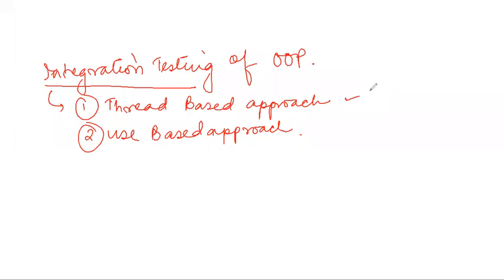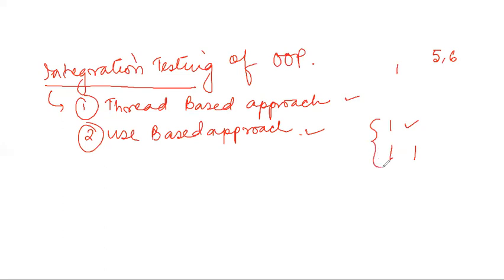And what is this use-based approach, the second approach? In this use-based approach, there are a few classes which do not require any other class. It's not always that a class will call some other class, right? So it begins by testing those classes that either do not need any service from any other class, or need very few classes. Suppose I have one class that needs the service of five or six classes, but I have another class which doesn't need the service of any other class, or another class which just needs the service of one extra class.